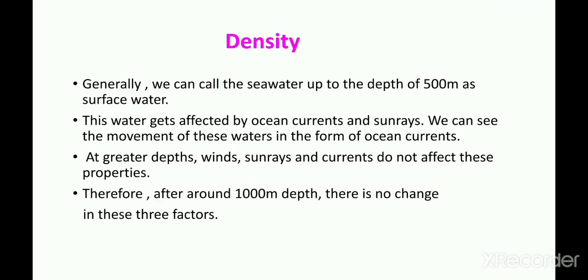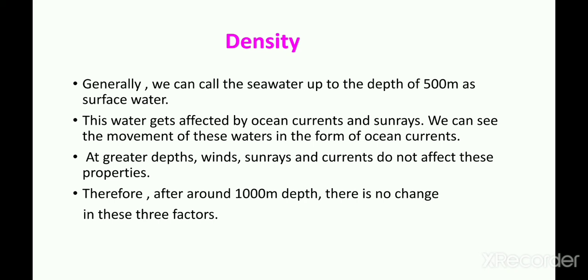Generally, we call seawater up to the depth of 500 meters surface water, as we also learned in temperature. This surface water is mainly affected by ocean currents and sun rays.